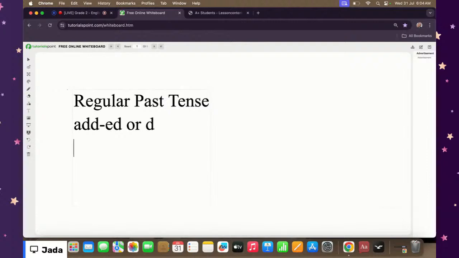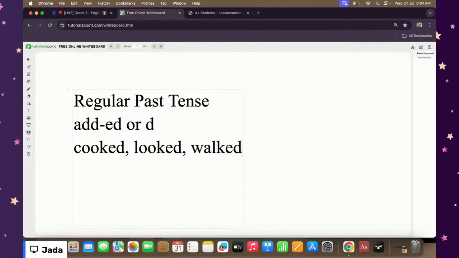Okay, so examples of the regular past is just like when you have cooked, looked, this is the regular past, looked, regular past. You can also have walked, walked, regular past.